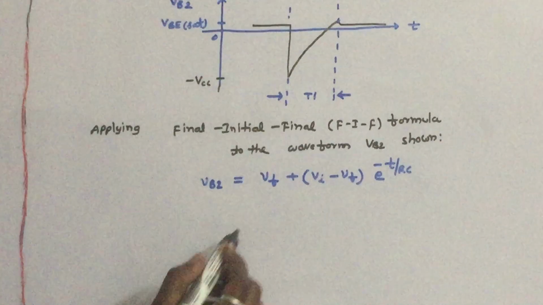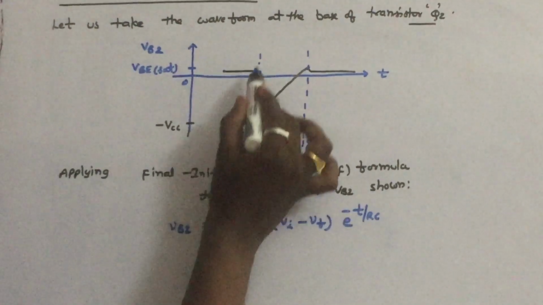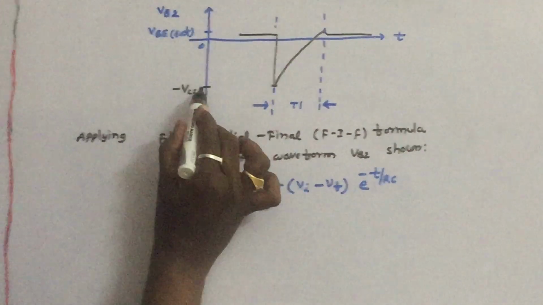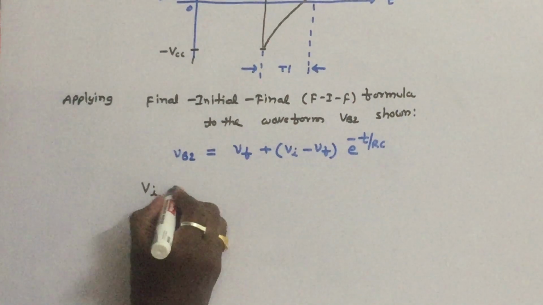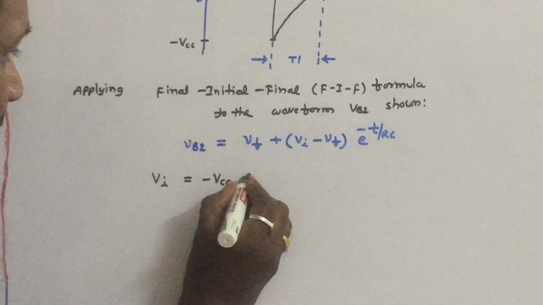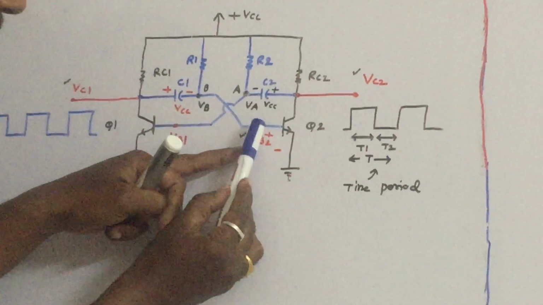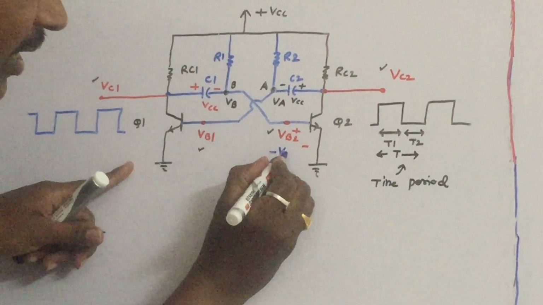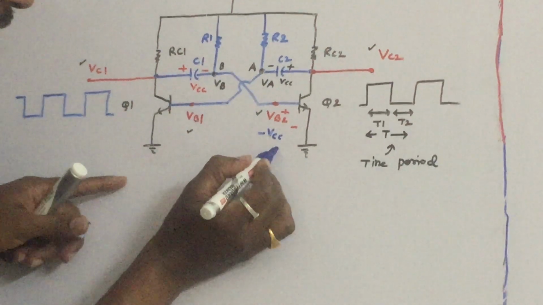Now apply this equation to this portion of the waveform. So this is the initial value. What is the initial value? The initial value of this waveform is equal to minus VCC. You can see from this circuit, at the instant Q2 is switched off, VB2 is equal to minus VCC, which we have shown.